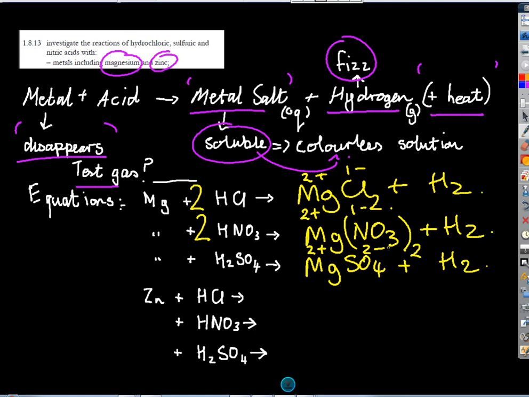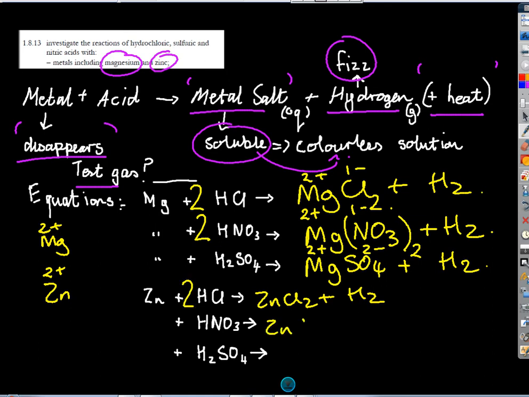Then we have a look at the zinc ones, and to be honest with you guys, if you remember, zinc is a 2 plus ion, as is magnesium, so the equations are identical except you swap in zinc this time for your magnesium. So we go ZnCl2 plus H2, go back across and get your 2 hydrogens and your 2 chlorines.